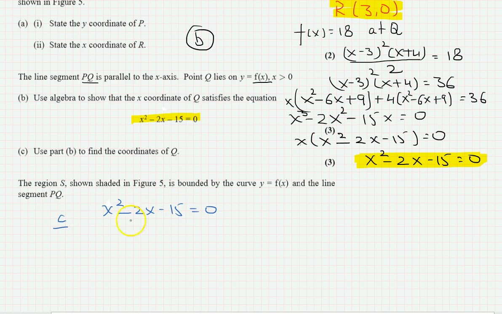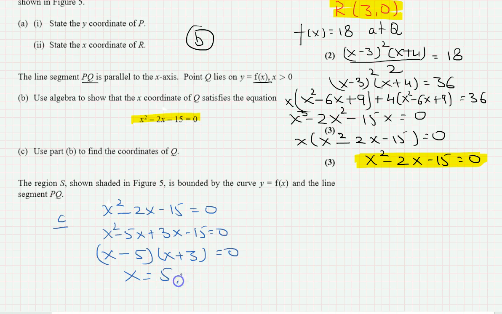So 15 is 5 times 3, so x squared minus 5x plus 3x minus 15 is 0. x common, x minus 5, then plus 3 common, is equal to 0, so x is equal to 5 and minus 3.